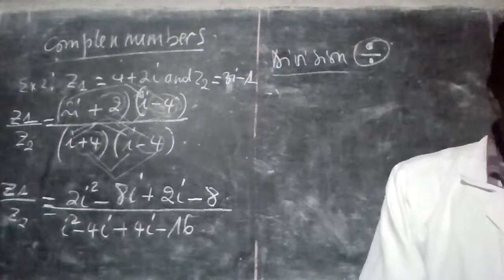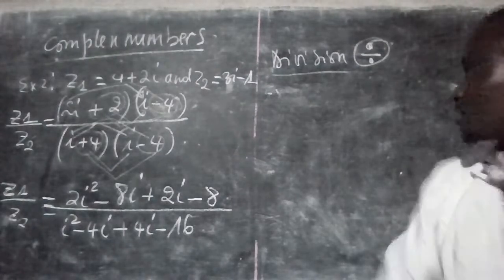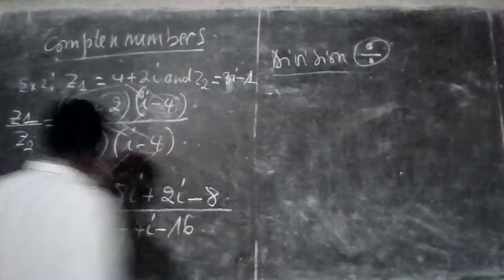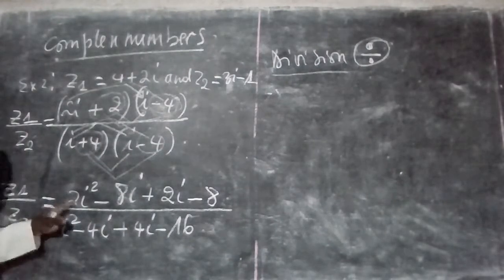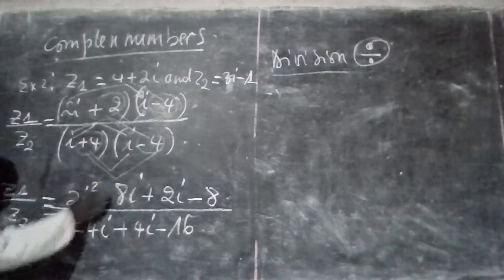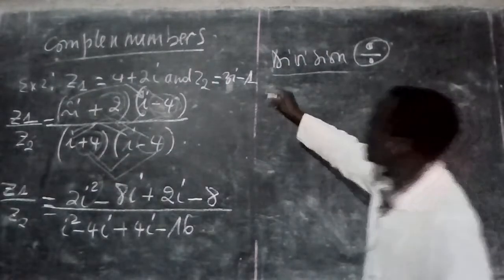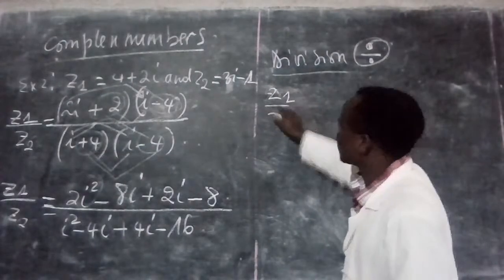Let us continue for this one. Now, here you see, we have in a complex number, let us write this one. It is Z1 over Z2.